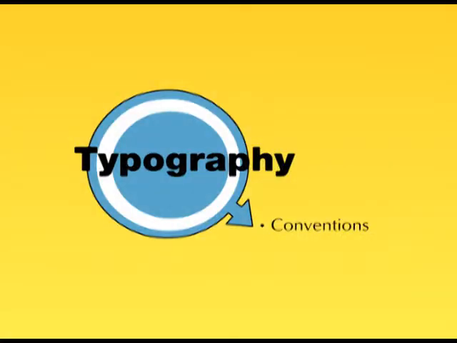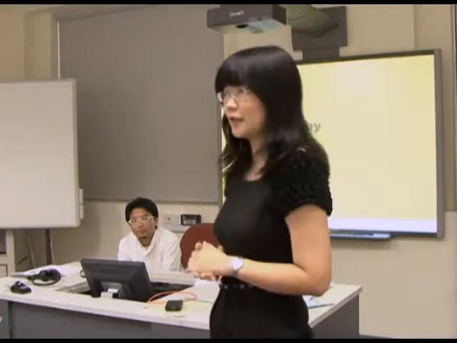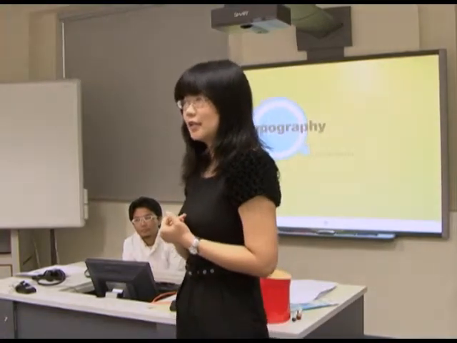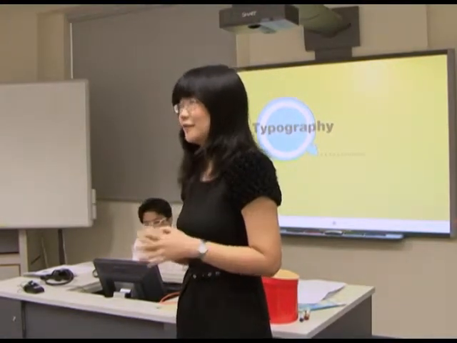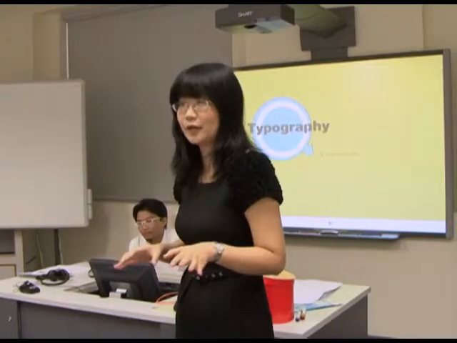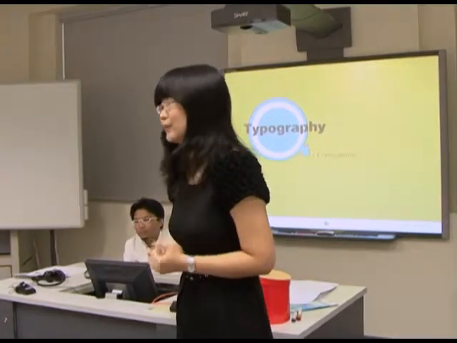Type is described and measured in a unique language particular to the printed word. Many of the typographic terms and conventions in use today have their roots in the days of Gutenberg, when the type was set in metal.